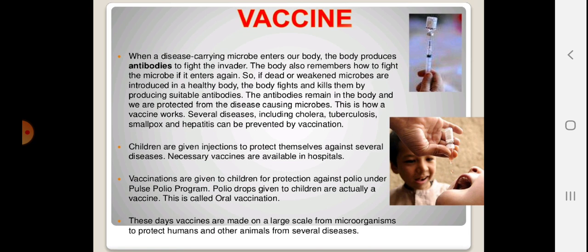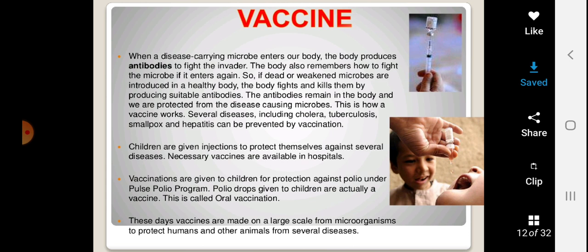Sometimes your antibodies are not enough to fight against those microorganisms, and so you fall sick for a prolonged period of time. So, what pharmaceutical companies and researchers do is they kill this disease-causing bacteria or microorganism, or they make sure that it is quite weakened.